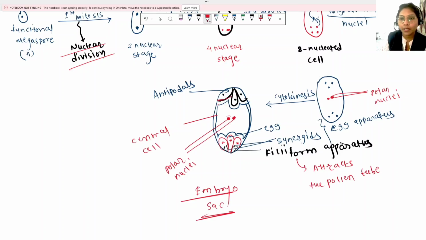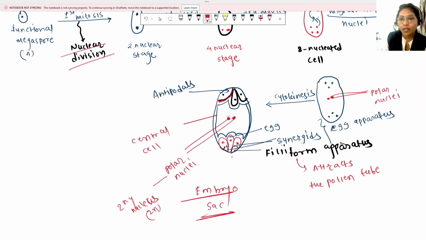The upper 3 nuclei will form antipodal cells. The lower 3 nuclei will form the synergids and the egg, which is the egg apparatus, and the central cell will have 2 polar nuclei, which after fusion we call the secondary nucleus, which is diploid in nature.